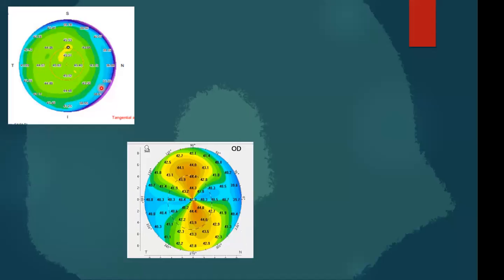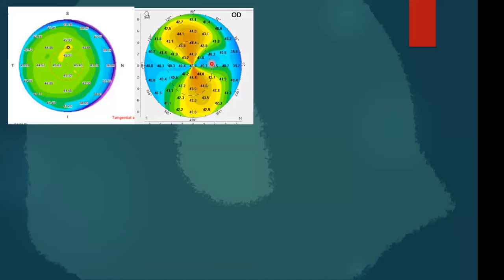Next, this is called a symmetric bow tie showing with the rule astigmatism. As you can see, there is a bow tie in the superior half, which is absolutely a mirror image of the bow in the inferior half. And both the bows are almost equal in their dioptric value. Hence, this is called a symmetric bow tie. Because the vertical axis is the steeper axis, it's with the rule astigmatism.